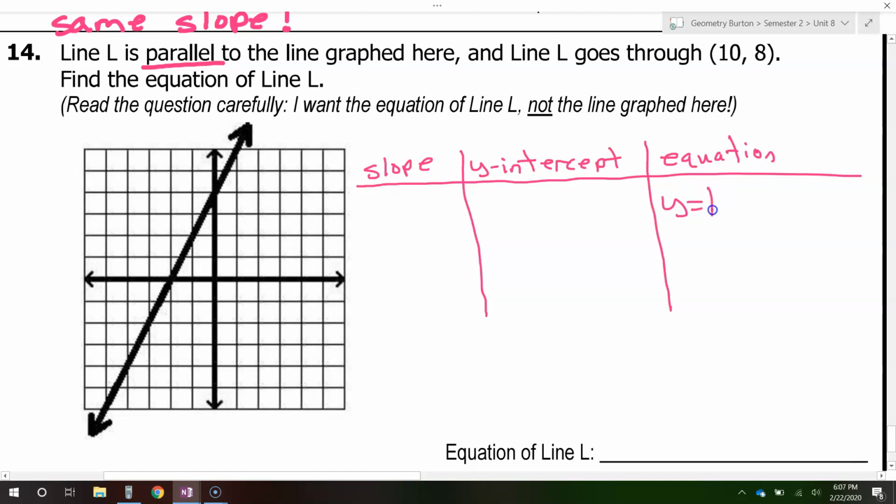And the equation goes y equals something x plus something, where I just need to fill in the slope and the y-intercept. Let's start with the slope.